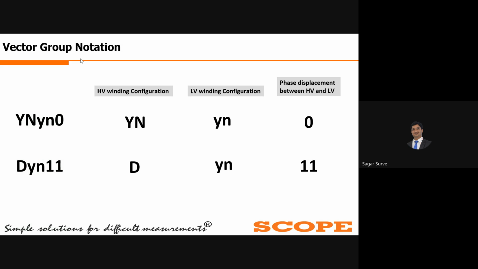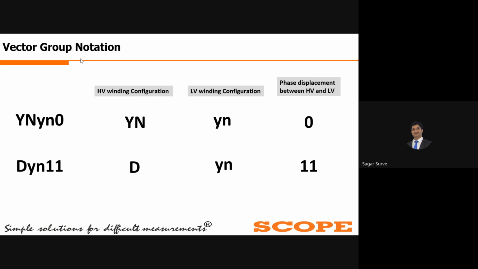Now, how are we going to read the vector group? We have some examples for that. Suppose here we can see the first example is YNyn0. There is some method to write the vector group also. Here we have written YNyn0 with capital Y, capital N, small y, small n, and then 0.